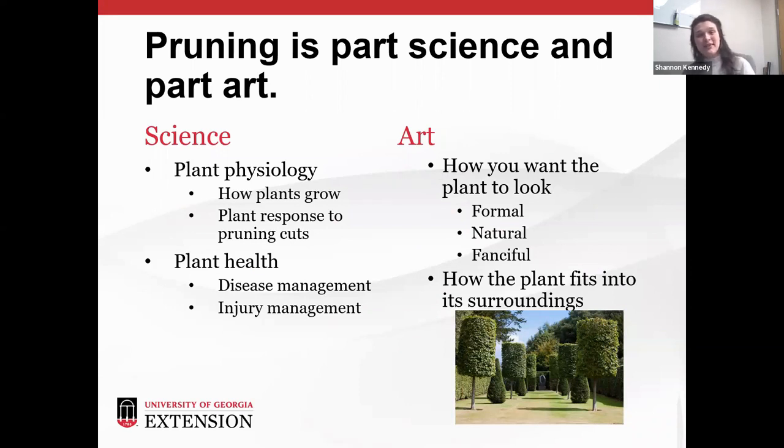And then there's a part of it that's art. So some people who aren't really able to visualize what they want to see in a plant might get a little nervous because they're worried that they might completely mess up the plant and there's no hope for it if they cut too much. So today we're going to look at both of these aspects, and we're going to merge them together to give you a better idea of how to prune in a way that doesn't make you anxious.